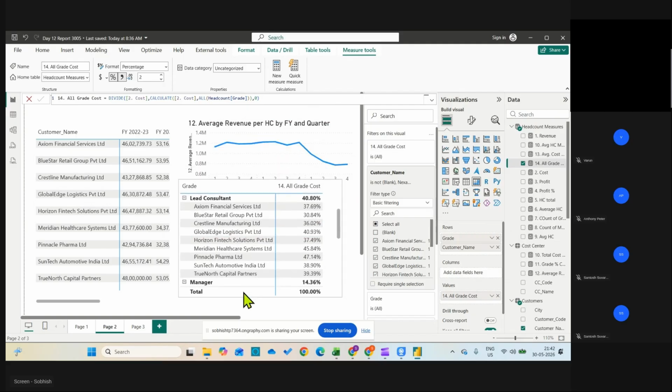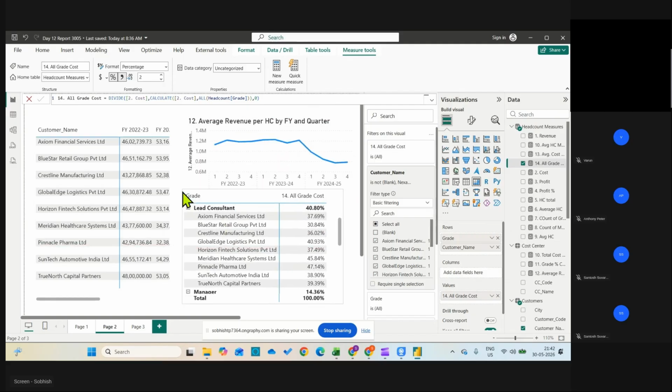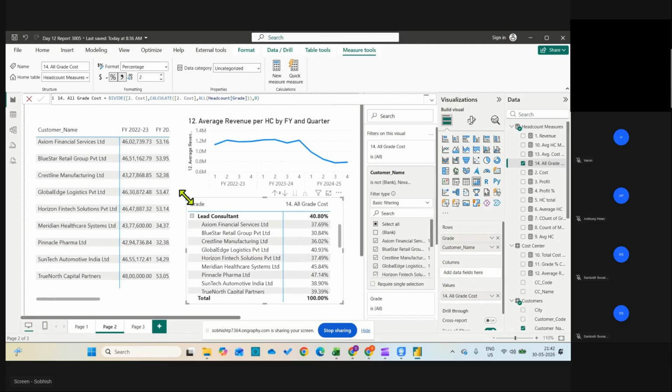And then we can also do one thing. We can also create a revenue bracket. Based on the revenue, we create a bracket. For example, customers between 1 to 3 million revenue, between 3 to 5 million, 5 to 10 million, or more than 10 million annual revenue. Now compare this grade mix for the different brackets, the different buckets.